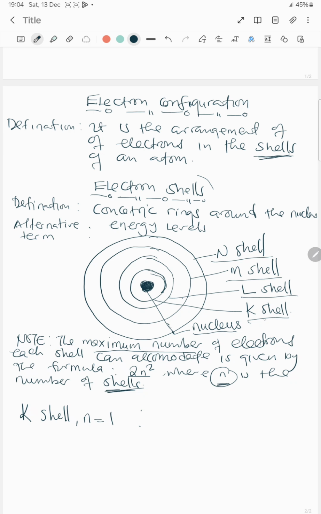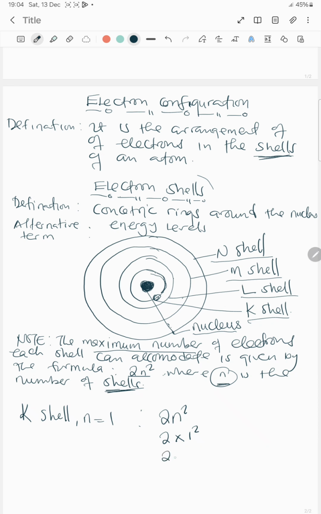Now we want to use the formula to see how many electrons the K shell has. The K shell is the first shell, meaning n is equal to 1. Remember, n stands for the number of shells. Using our formula, 2n to the power 2, we substitute where there is n, so we say 2 times 1 to the power 2.